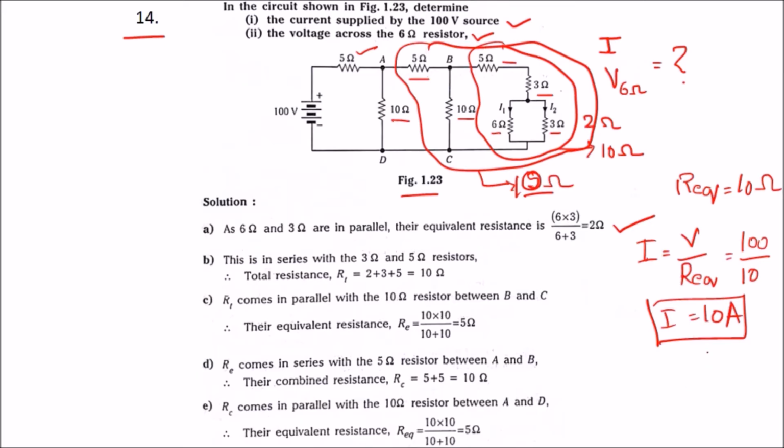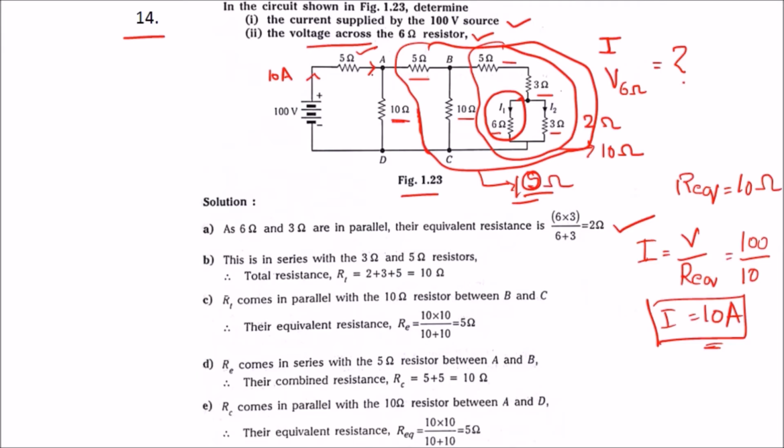So next we have to find the voltage across the 6 ohm resistance. This is the 6 ohm resistance. We know the current is 10 amps. Then the current will start dividing here. This part is 10 ohms and the other parallel resistance is 10 ohms, so the current will divide equally.